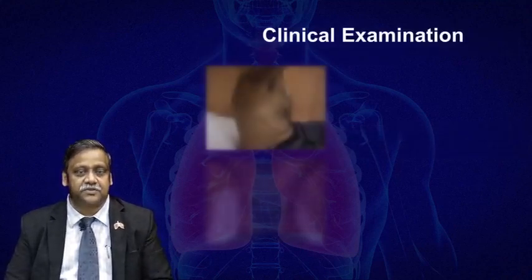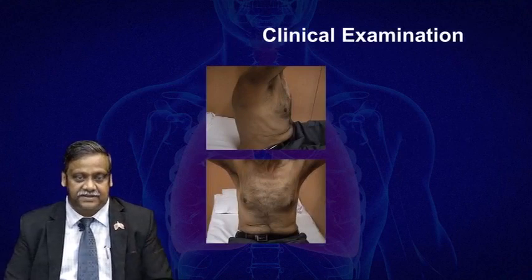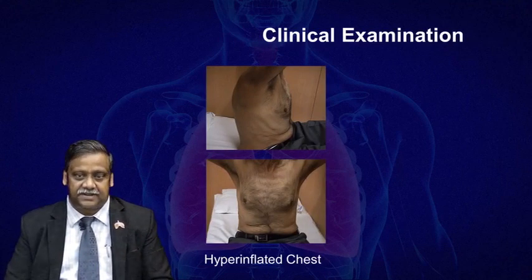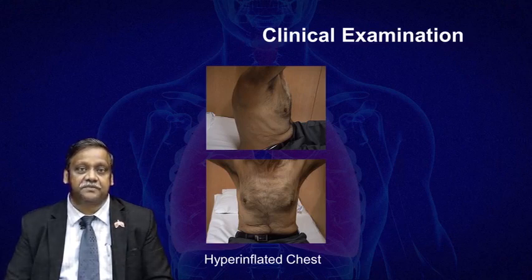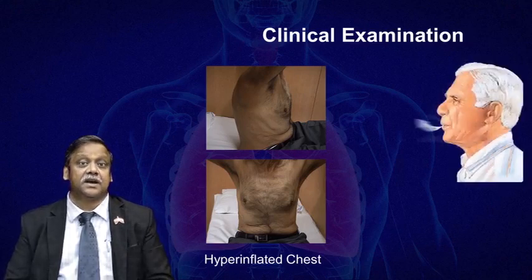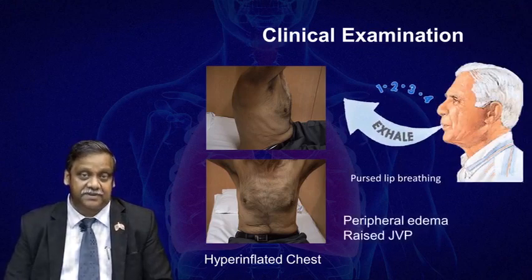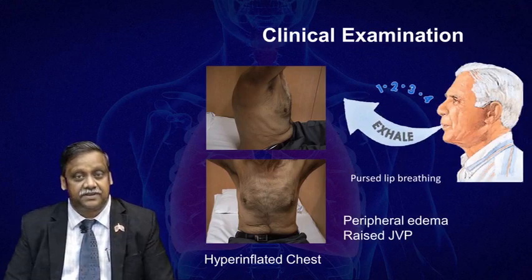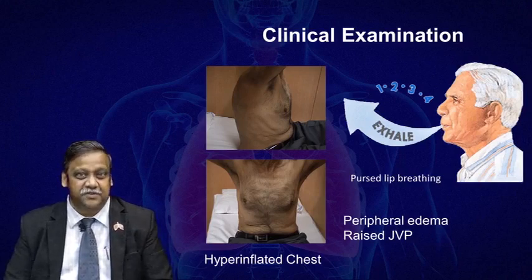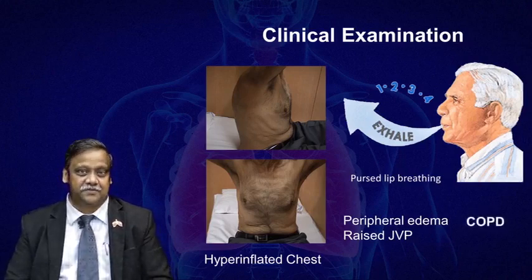So here is a patient whom you have started doing a clinical exam on, and you find that this patient has got a hyperinflated chest, or is breathing with pursed lips like this, or has got peripheral edema and a raised JVP. Is this asthma or is this COPD? This is clearly COPD, isn't it?